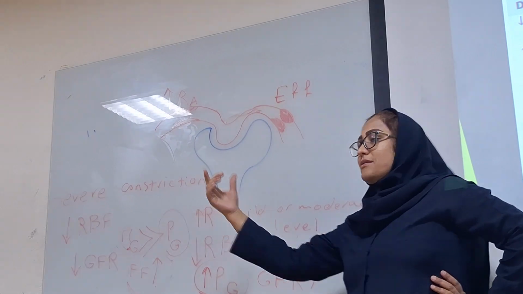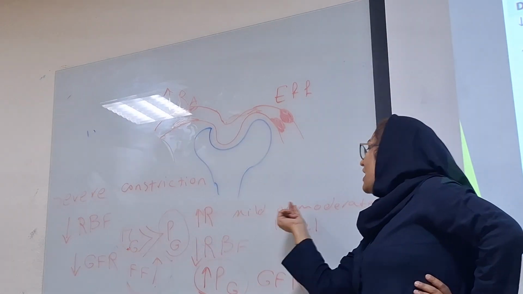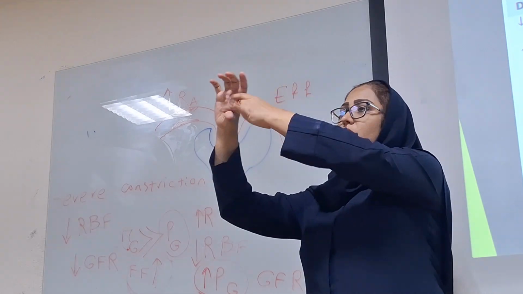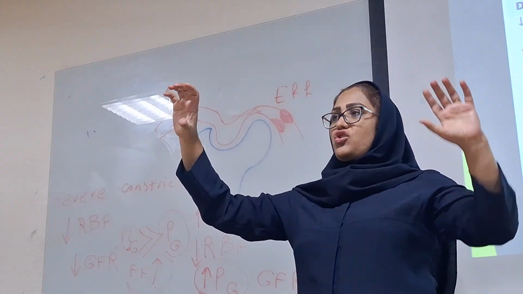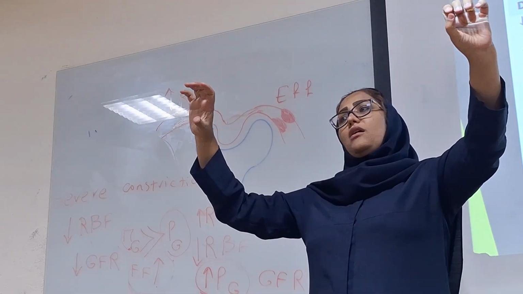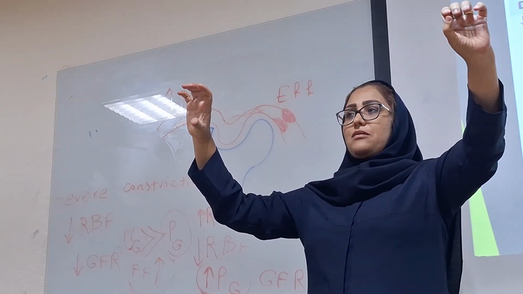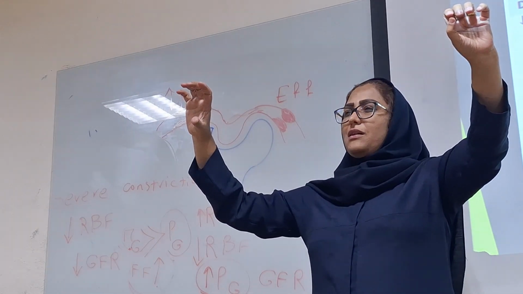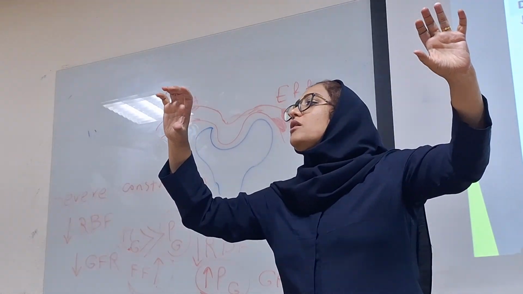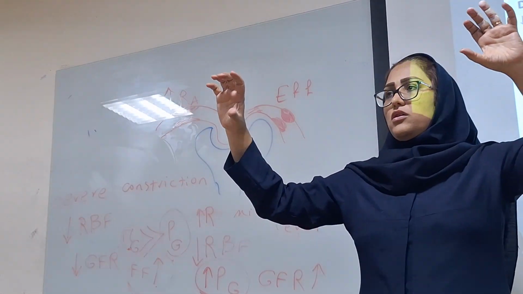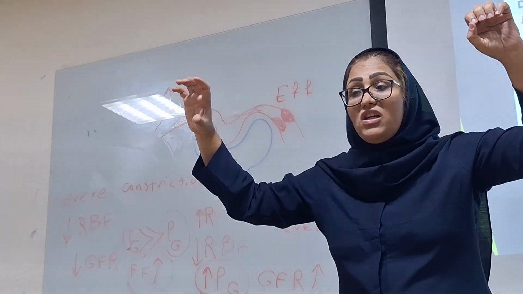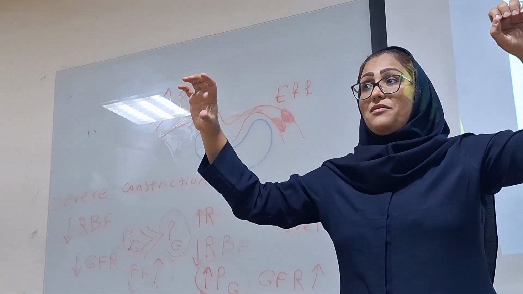When the afferent arteriole is without any change, and the efferent arteriole has a moderate increase in resistance, moderate vasoconstriction, what happens? PG increases in the capillaries.